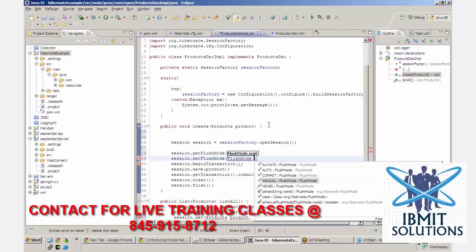Manual is something added newly; earlier we used to have only 4 things: always, auto, commit and never, and now they have added manual also. So you can set the flush mode for the particular session that you are creating, whichever you want: always, auto, commit, manual, never. By default it would be never. So this is one thing you need to know with respect to flushing the contents.